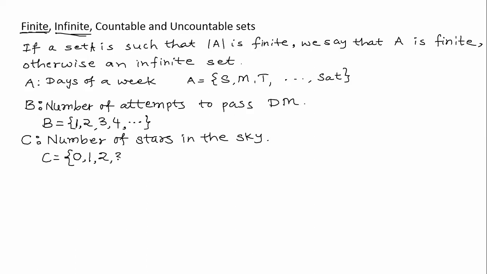In the evening, you may see one more, and so on. At night, you may see 100, more than 100, there is no upper limit as such. So here we see that sets B and C are infinite. Set A is finite, whereas set B and set C are infinite sets, depending on their cardinalities. Okay. Now, what is a countable set and what is an uncountable set? So that is the next part. We'll be writing countable set.